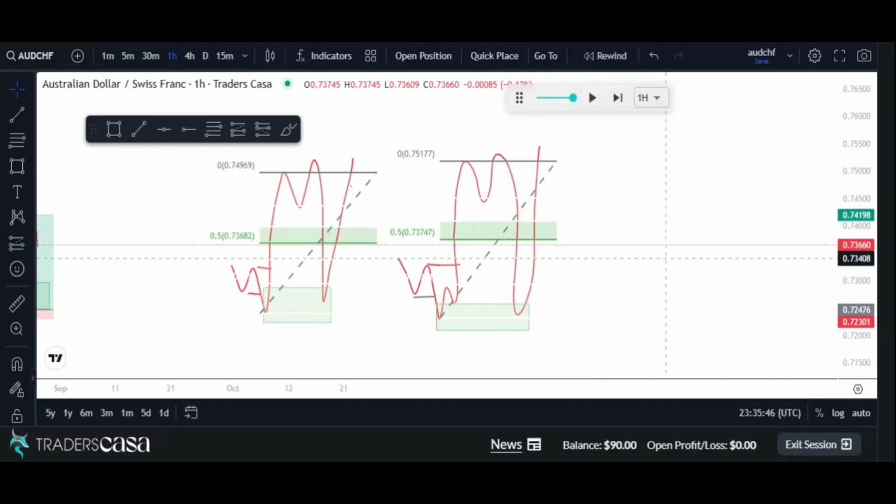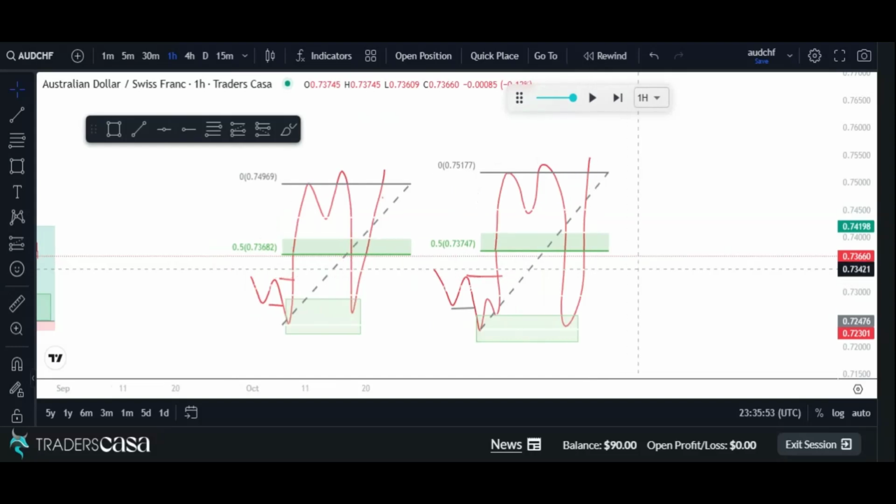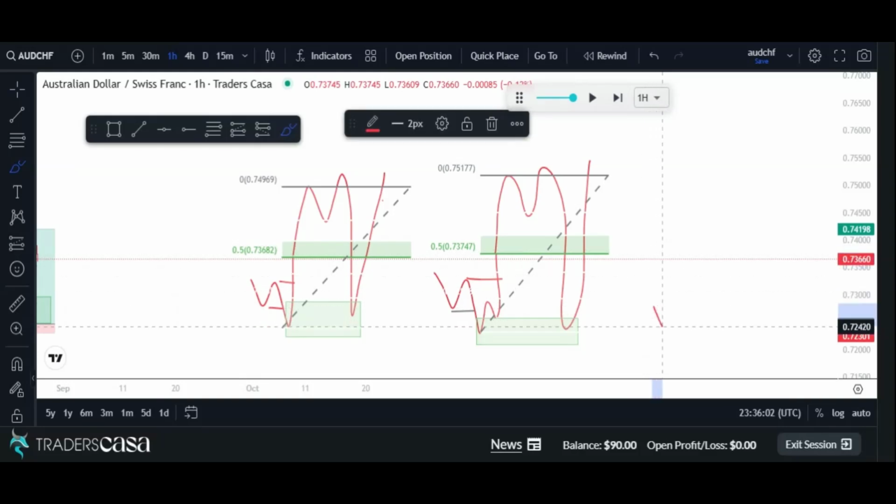All right. Now, sometimes you can have a breaker block that has no sweep. That is something like this. Okay. Something like this.